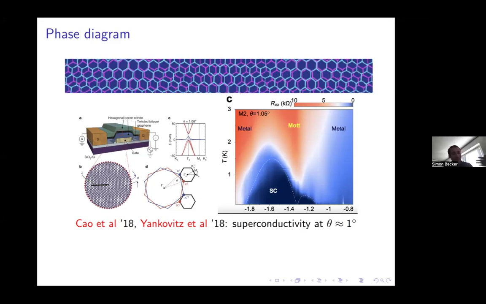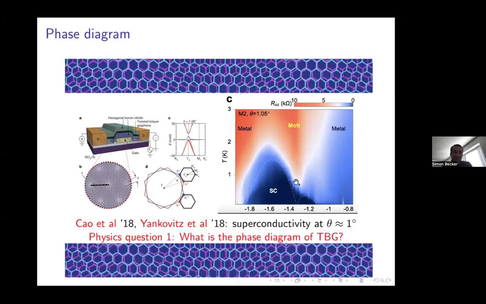But why there exists this magic angle, there's some understanding there, and I'm trying to explain that in my talk. All right. So I think one of the main drivers in physics these days is really what is the real phase diagram of twisted bilayer graphene.